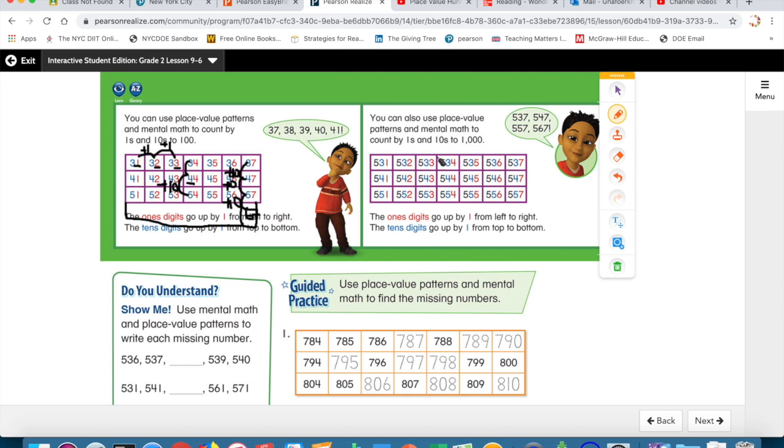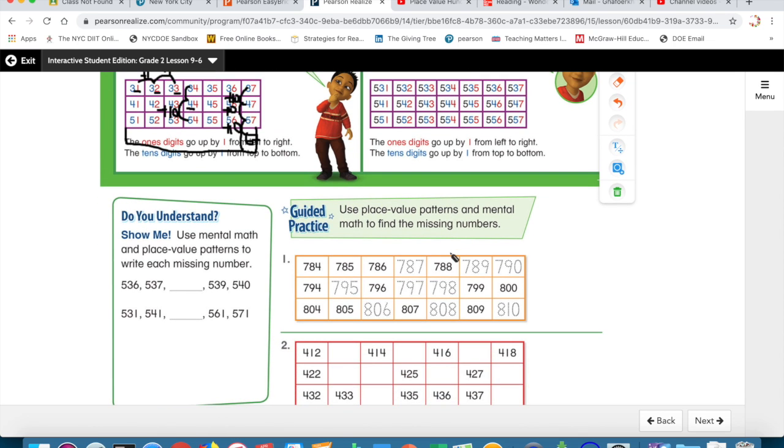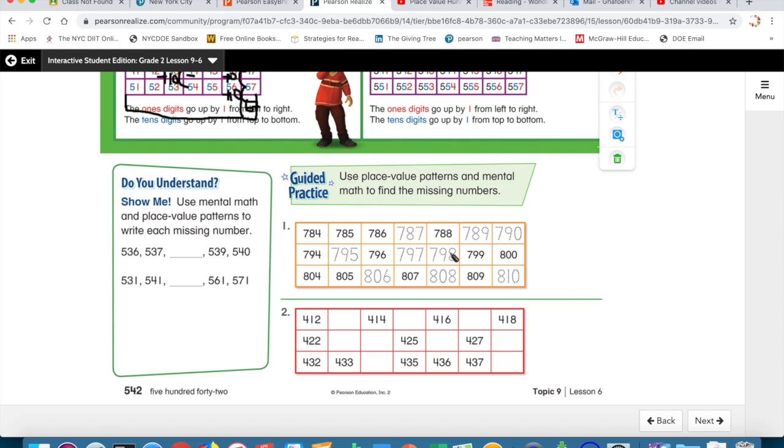And your tens place will go up by 10 if you go from top to bottom, yeah? So let's look at our first example here. I'm so excited. We're going to start from left to right to see if we can fill out all of our boxes, right?